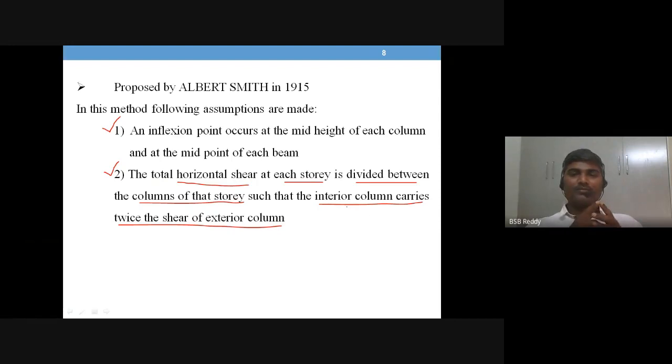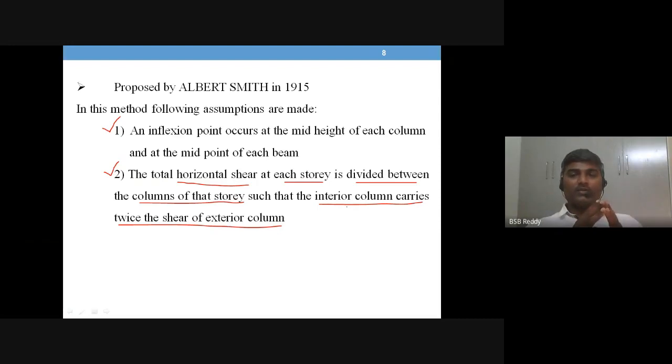First assumption: the point of contraflexure or inflection point occurs at the middle of each member. The second assumption is that the column shear is related between interior columns and exterior columns.